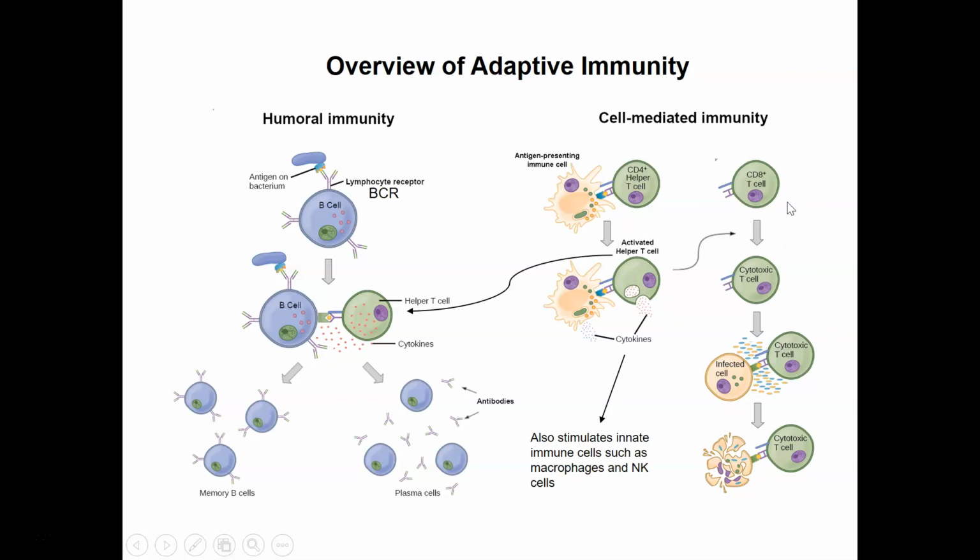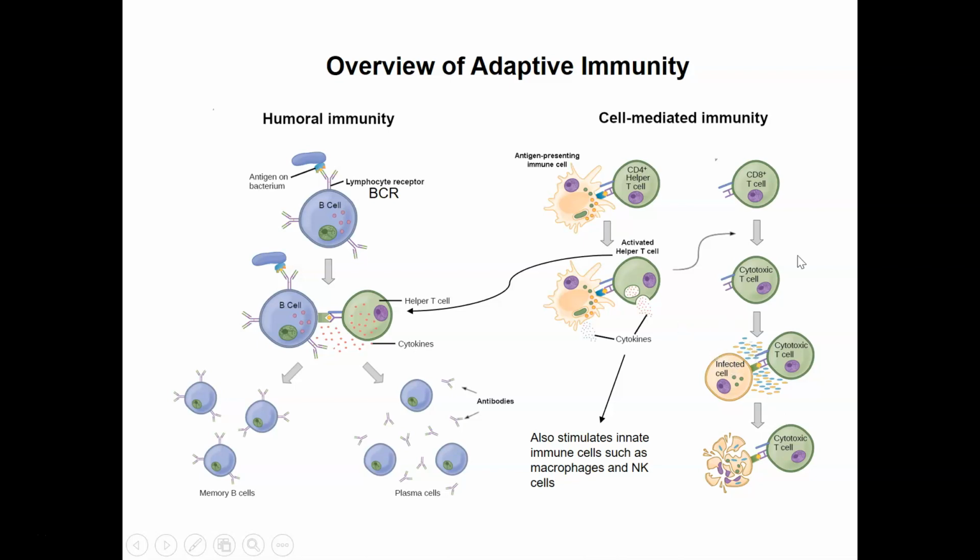Cytotoxic T cells are going to be activated by an abnormal body cell, such as a virus-infected cell or a tumor cell. And when they're activated, they secrete perforins and granzymes that are going to kill the infected cell and anything that's like it, like any other cell that's infected by the same pathogen.